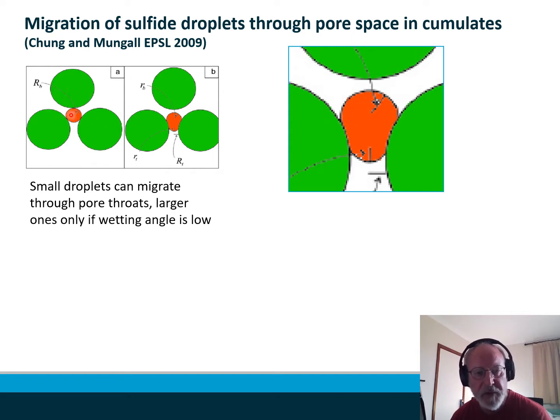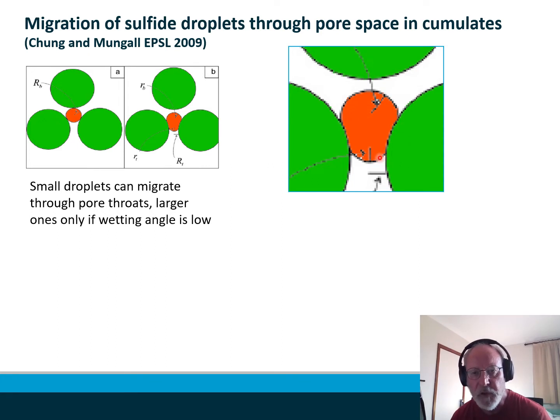Here's a little sulfide droplet sitting in an interstitial pocket between what we call the pores between the olivine crystals. You remember I said earlier, the sulfide liquid is really dense, so it wants to migrate downwards. It wants to fall to the bottom of the stack. So there's a gravitational force acting on the droplet that's trying to make that happen.